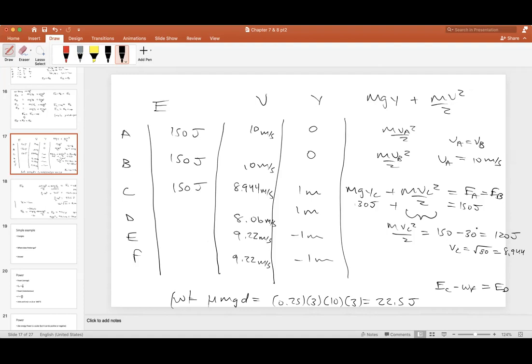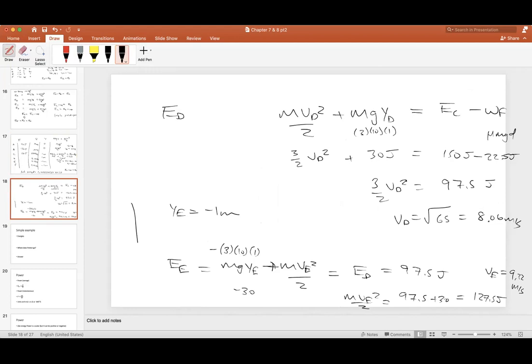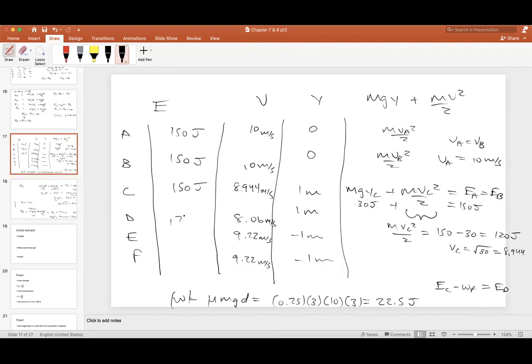So when I wrote this 97.5 for D, I forgot about the 30 joules that were here. So this should really be 127.5 joules. And then I took another 30 away, which is how I got 97. So this is really 127.5 joules. And this is 127.5 joules.